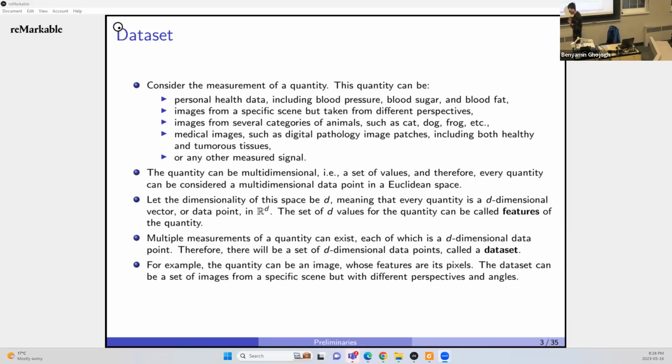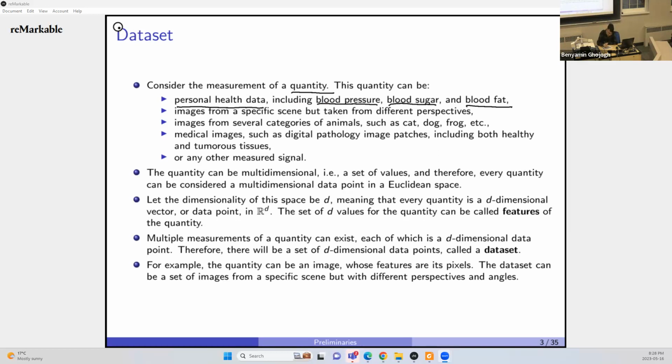Machine learning models, including deep learning models, work with data set. And what is that? Consider the measurement of a quantity. This quantity can be anything: personal health data, including blood pressure, blood sugar, blood fat, or images from a specific scene but taken from different perspectives.